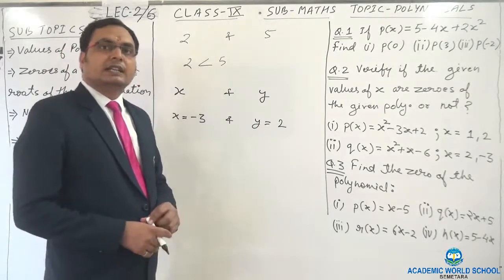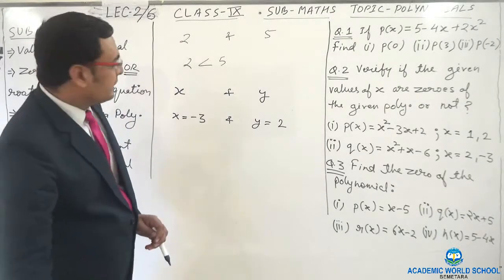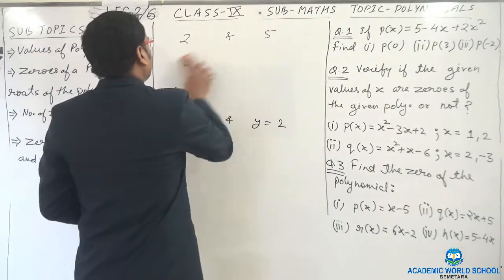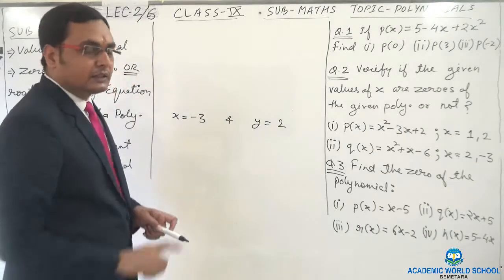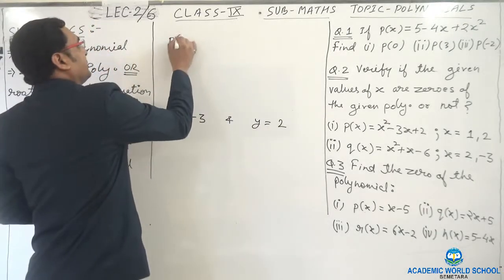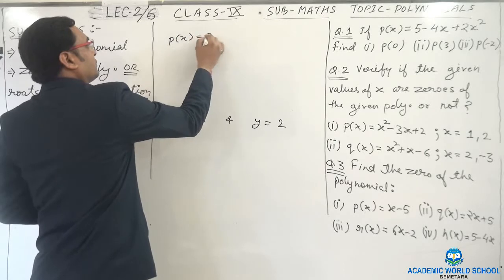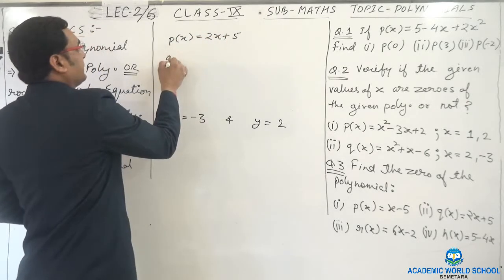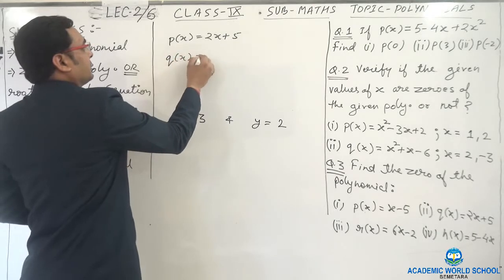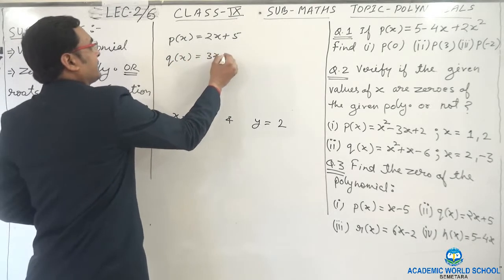Similar situation arises with polynomials. Suppose we have two polynomials. One is given like p(x) is equal to 2x plus 5 and another is given as q(x) is equal to 3x minus 2.